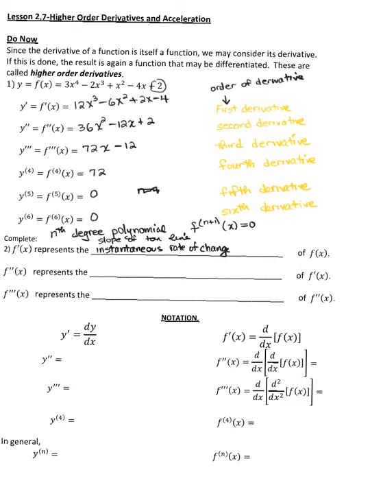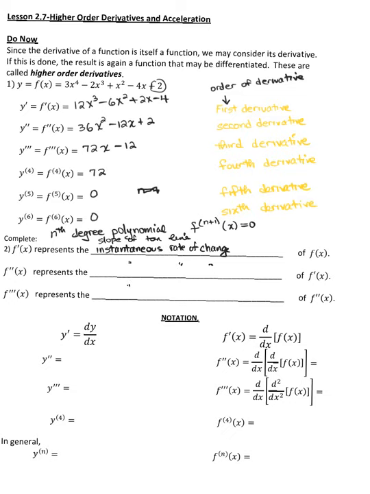All of these are synonymous. Similarly, the second derivative represents the same thing: the instantaneous rate of change of the first derivative of f, or the slope of the tangent line on the graph of the first derivative.